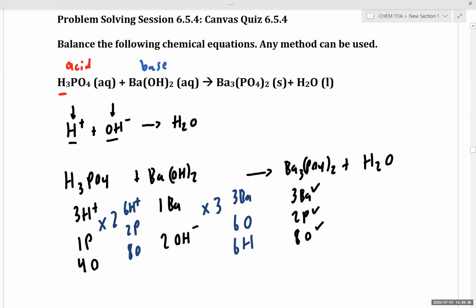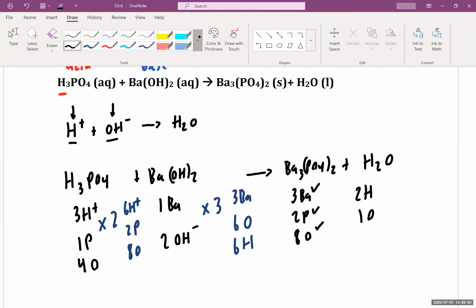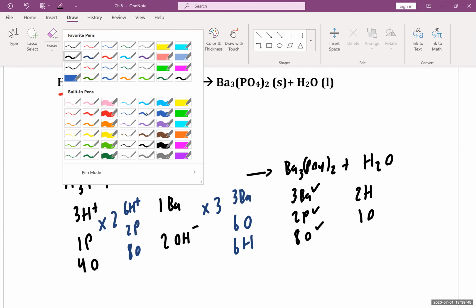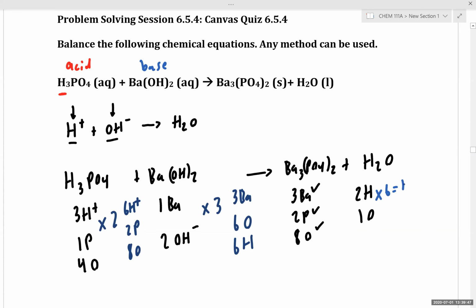So if we have 6 H plus, we're going to take our 2 hydrogens and 1 oxygen found in water, and we're going to multiply it by 6, giving us 12 hydrogens and 6 oxygens total. And as we notice, if we add up our hydrogens, we have 12 hydrogens, 6 oxygens from our H plus and OH minus.